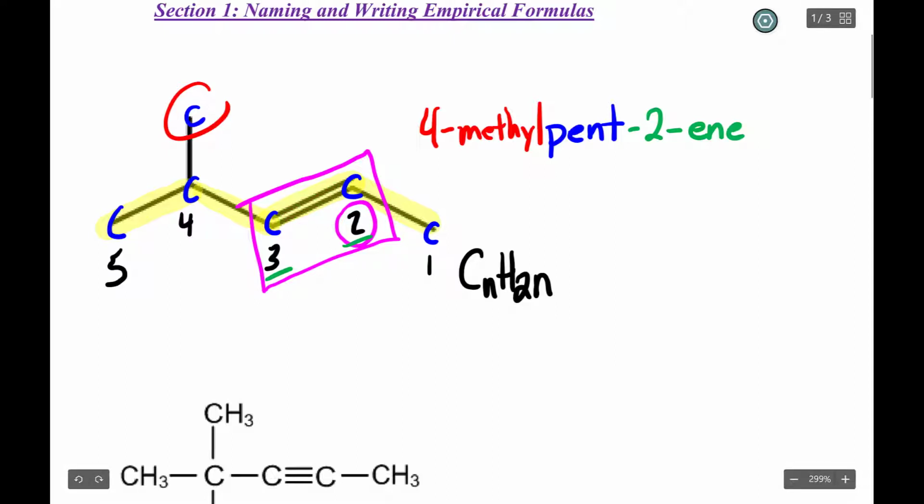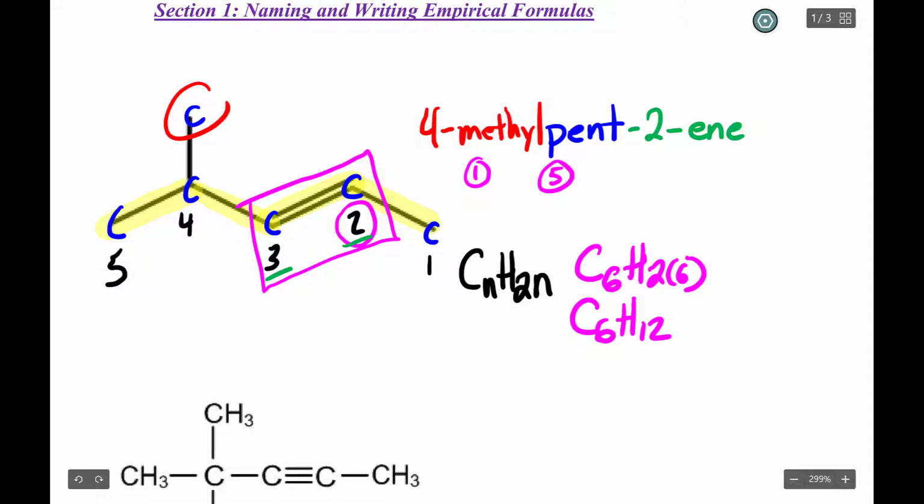So let's read this. It says 4 methyl. Well, a methyl is 1 carbon. Pent is 5. So that's a total of 6. C6, H2 times 6 is C6H12. So there's the generic formula for this compound. The actual compound is called 4-methylpent-2-ene.